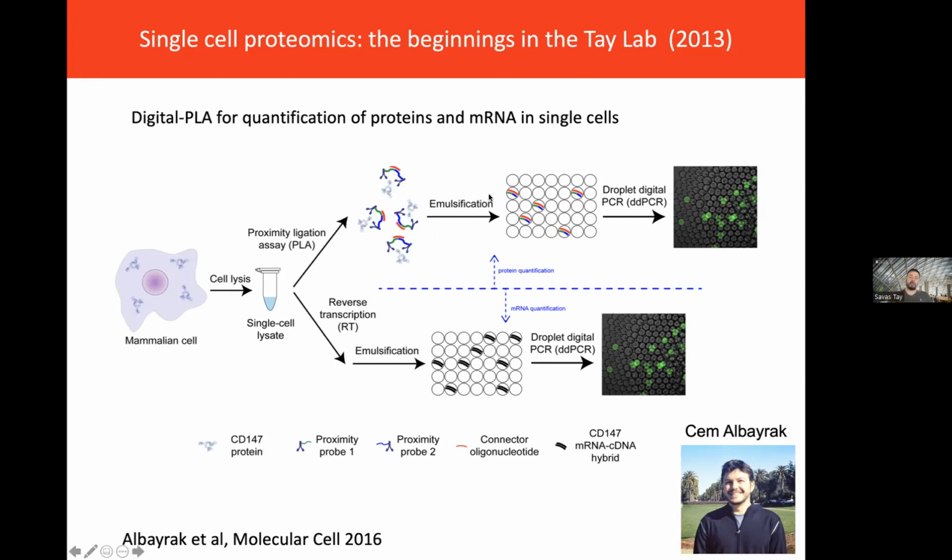Then you can take these products and amplify them with PCR and measure the protein abundance. So with this technique, we can very accurately measure mRNA expression as well as protein expression levels with digital counting, all in the same cell.